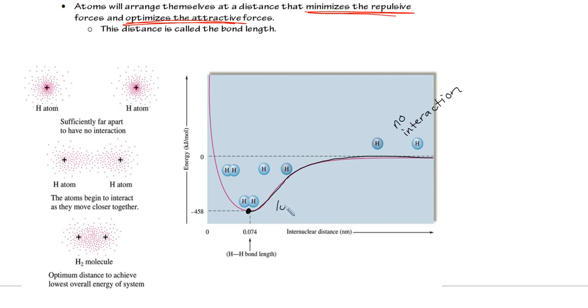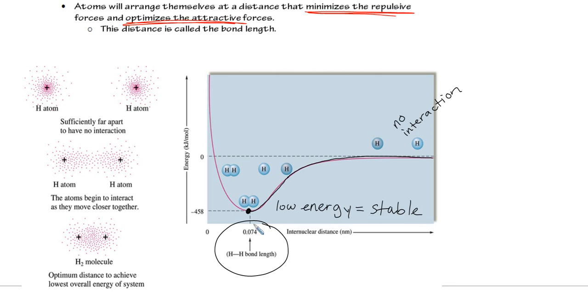Low energy always represents the most stable state for whatever particles are involved. So that bottom peak, I guess you could call it, that should represent your bond length. Internuclear distance, the perfect distance between the 2 nuclei, there's your bond length.